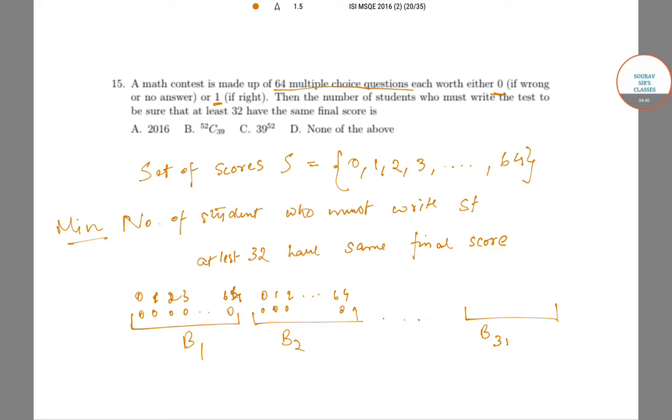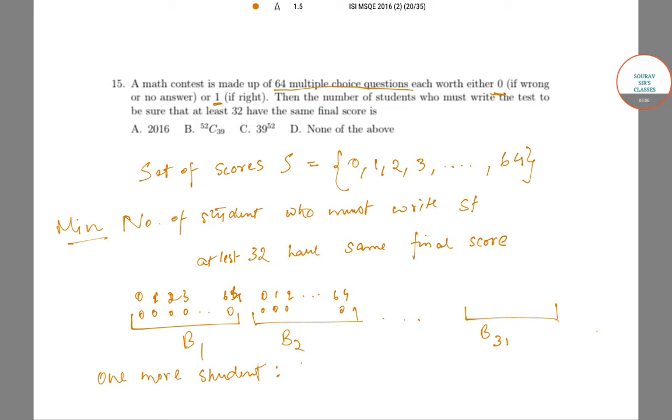Now if we add one more student, he has to fit in one box, and hence there are 32 different students who have the same final score.